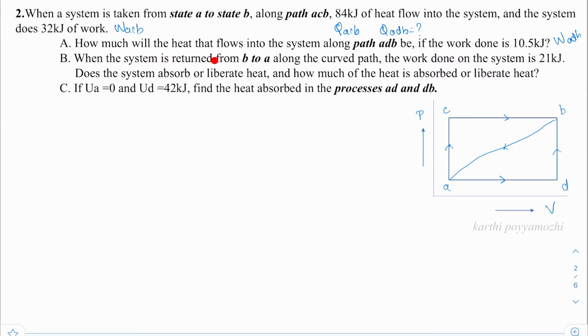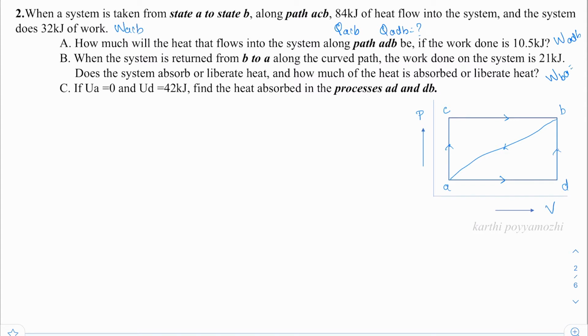When the system is returned from B to A along the curved path, work done on the system is 21 kilojoule. That is, in this case, the work is done on the system. Therefore, W of BA will be equal to 21 kilojoule, which has a negative sign.